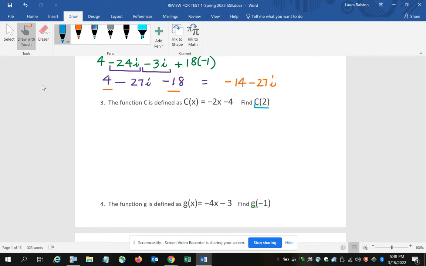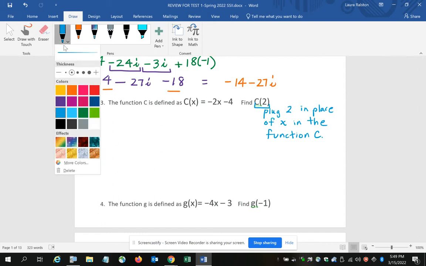This notation may be new to you, but basically this says to plug 2 in place of x in the function c. It is the shorthand notation that we use in mathematics. We read it c of 2 or c at 2. So basically this is a very straightforward plug and chug problem.